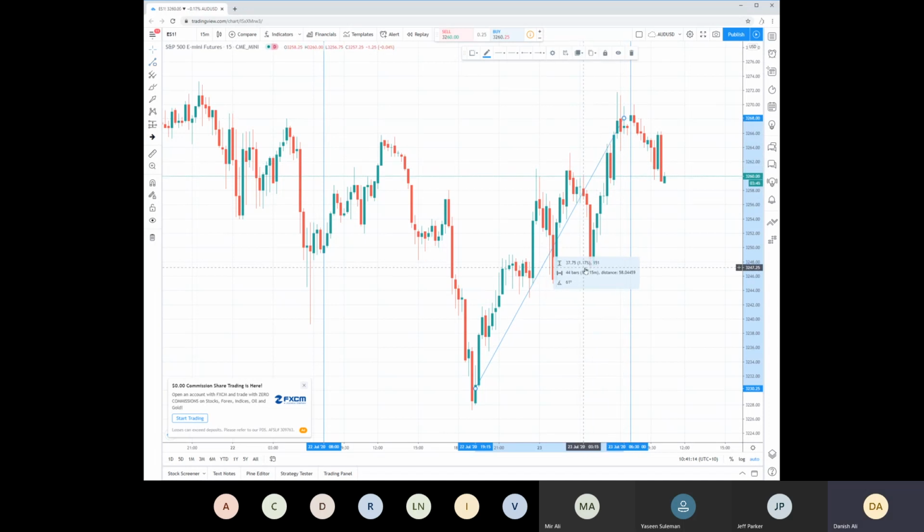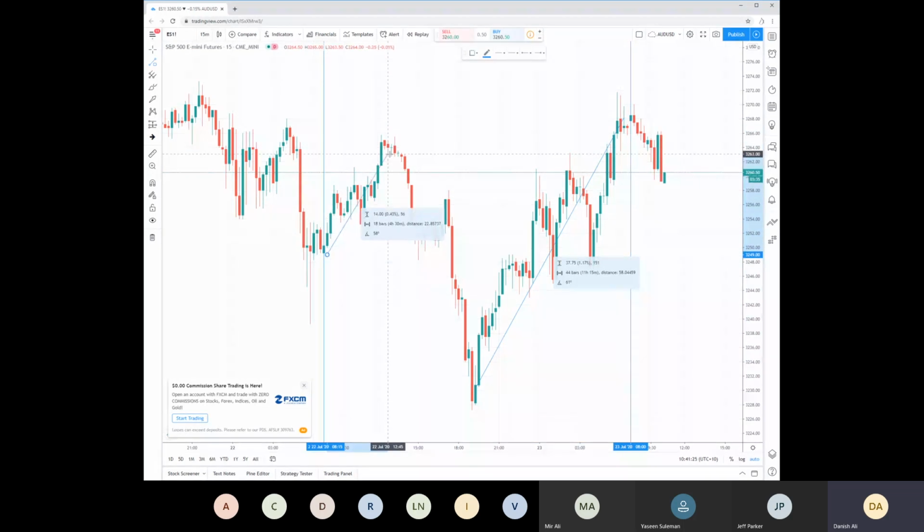Again, 1.17% increment. So even if you are not shorting, you're just going long, this is an increment of 1.17 plus 0.45, close to 1.5%, even more, 1.6% increment within 24 hours. This is within 24 hours.